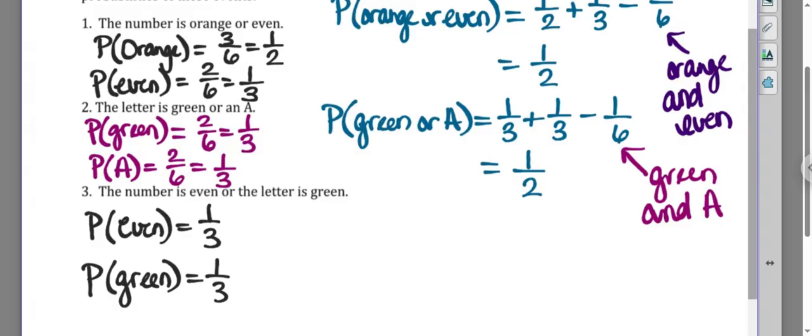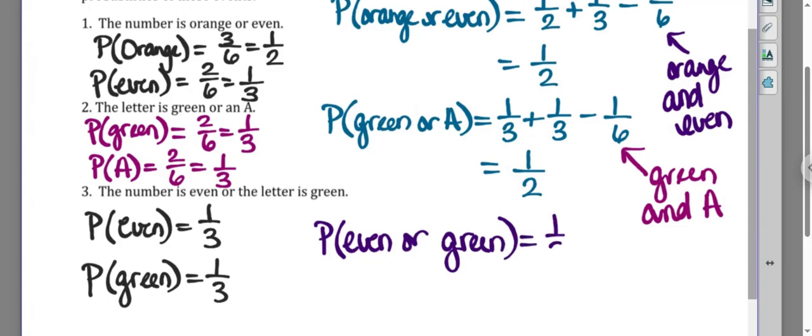So the probability of an even number or green letter is 1/3 plus 1/3 minus 0. There are not any that are an even number with a green letter. So your final answer is 2/3 for that probability.